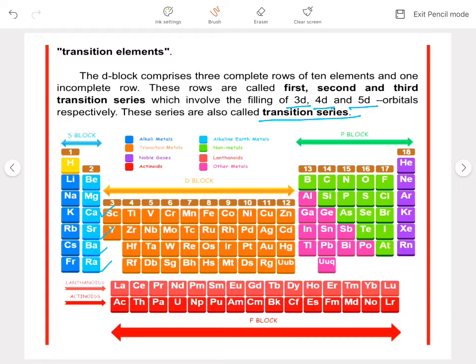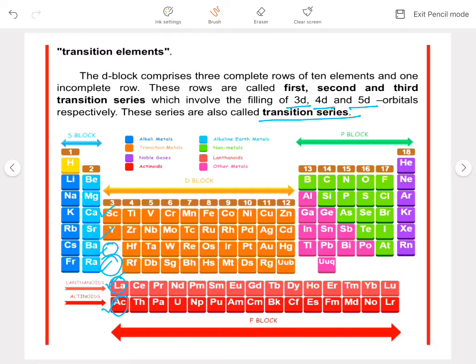Here you see that this space is empty. This is actually of lanthanum and this space is actually of actinium. Since they have properties similar to those of lanthanoids and actinoids, they are placed along with the series here. So lanthanum and actinium are actually D block elements.